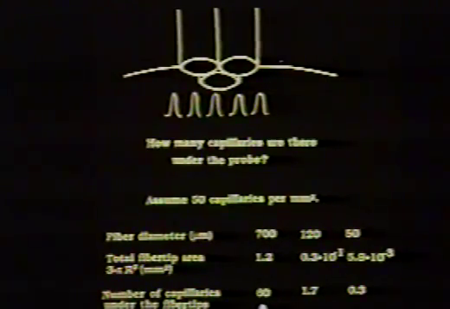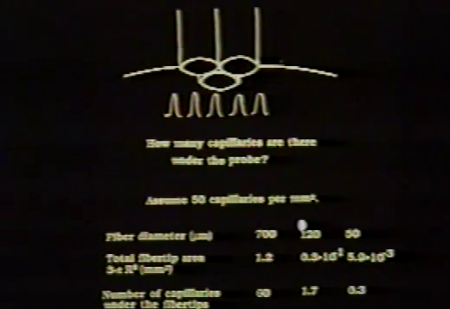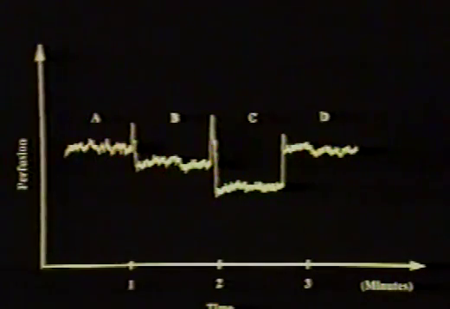However, if we reduce this to 120 microns, then we will see that we will only integrate over something like 1.7 capillaries on the average. And if we go all the way down to 50 microns, then we have a situation where there may or may not be a capillary right in the most sensitive portion of the scattering volume. So this may explain some of the difficulties we heard from the previous speakers.